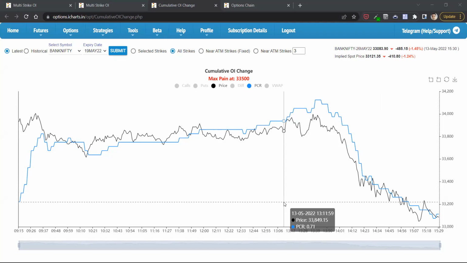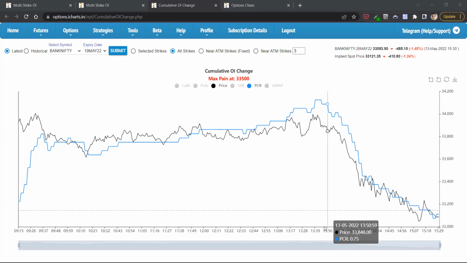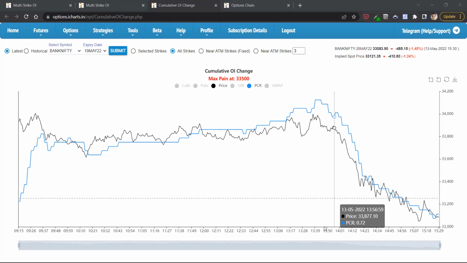Here I'm getting a signal at 1:42 that the price is going down, and the call OI has gone over the PCR at around 1:37. Although it is very obvious most of the time that people are shorting out of the money call options, does it also give us a credible alert in time?